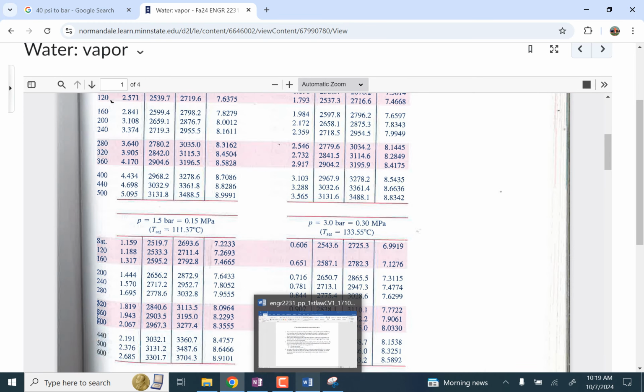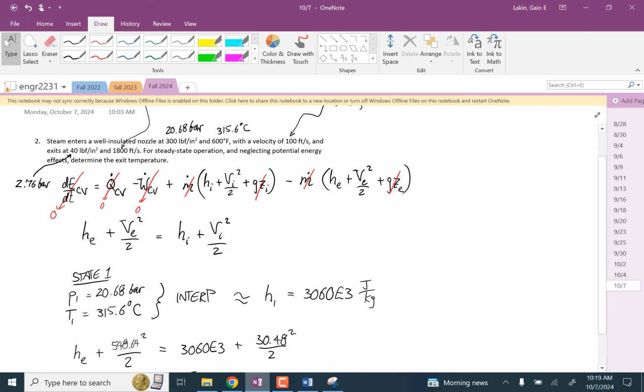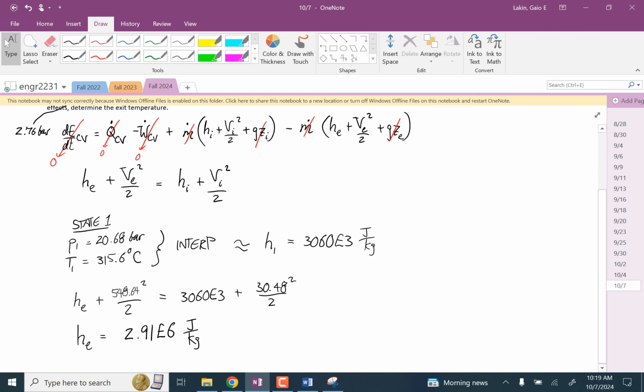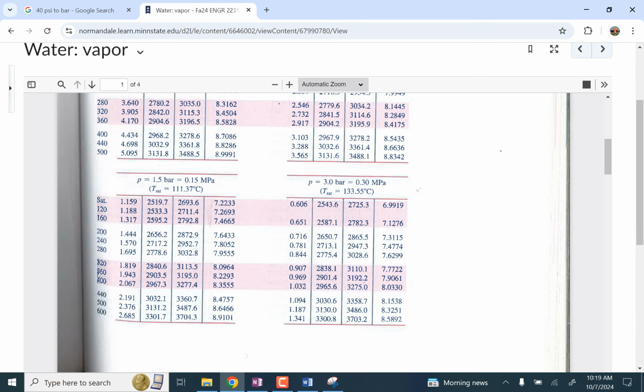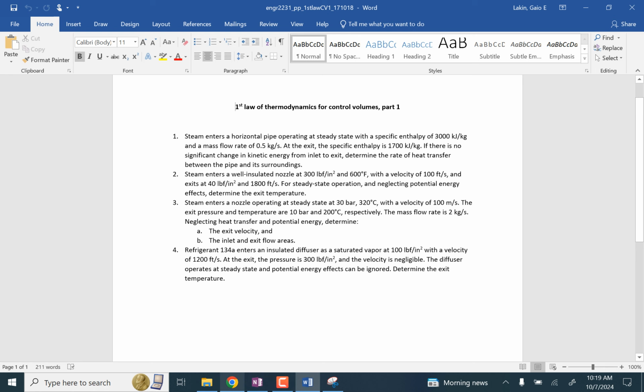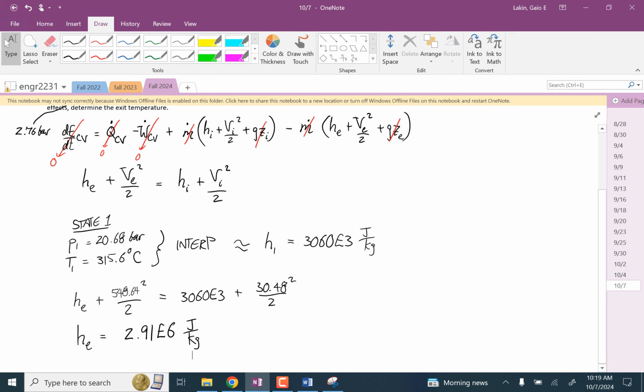And we're looking for a value of 2.91 times 10 to the 6. So somewhere between 200 and 240 degrees Celsius. Call it 220. It was close.